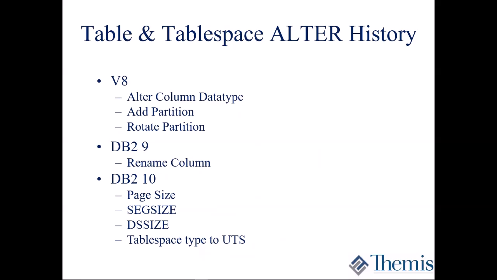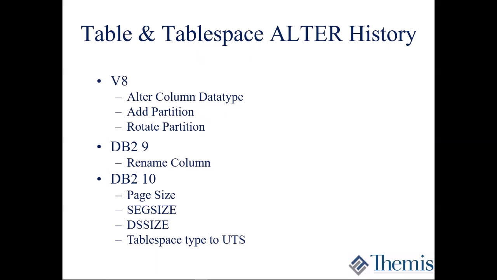Basically, you can get bigger but not smaller because we don't have the possibility of data loss. So you can go from small integer to integer, but not the other way. You can go from decimal 11 to decimal 13, but again, not the other direction. We'll talk about the implications of that in just a minute.